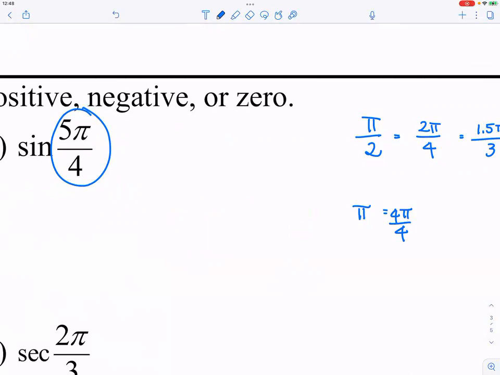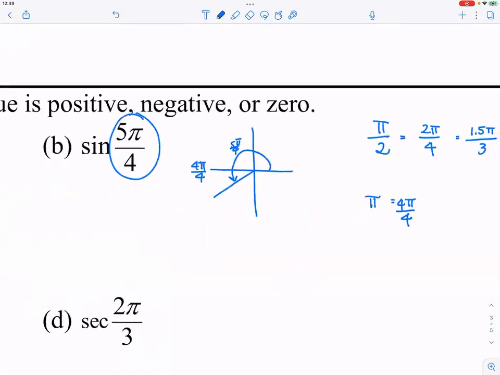So 5 pi over 4 comparing with 4 pi over 4. So 5 pi over 4 must be in quadrant 3, because it exceeds 4 pi over 4.